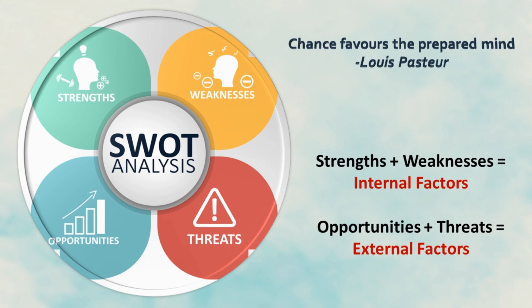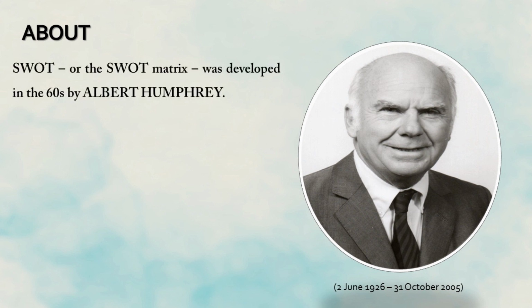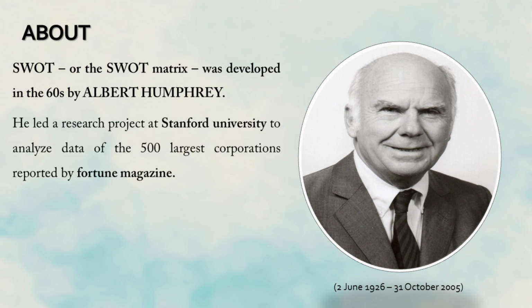So let's understand further. Let's learn a little bit about the origin and its history. The SWOT matrix was developed in the 60s by Albert Humphrey. He led a research project at Stanford University to analyze data of 500 large corporations reported by Fortune magazine. So the first time it was used, it was for corporate analysis.